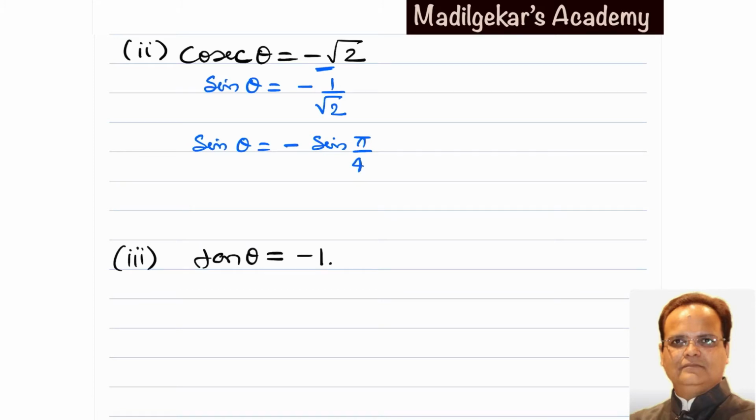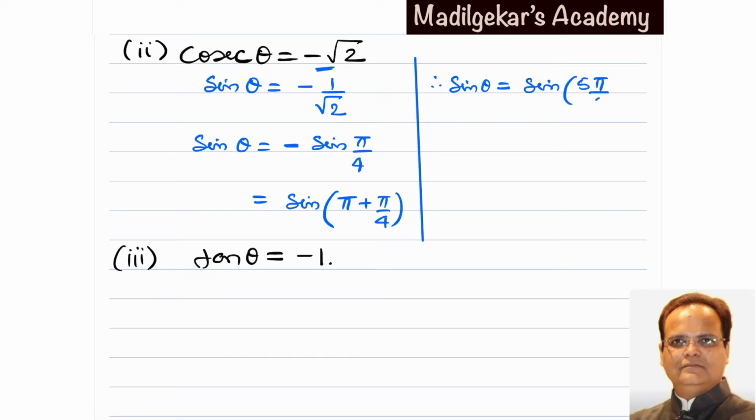We have to eliminate this minus sign using the allied angle formula, converting into pi plus pi by 4. Therefore, sine theta equals sine of 5 pi by 4. So this is the smallest non-negative angle for which cosec is minus root 2.